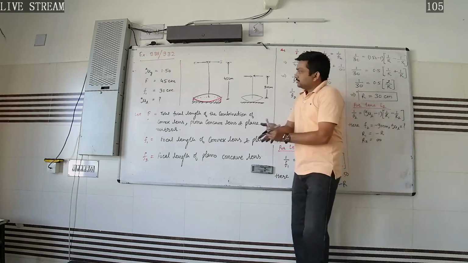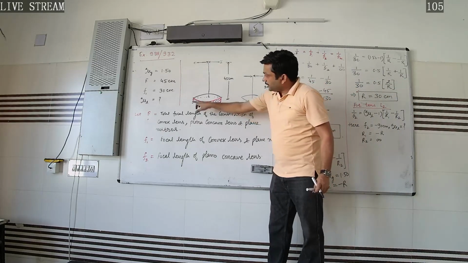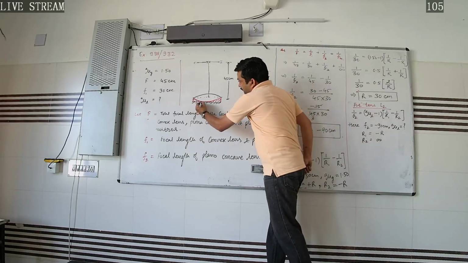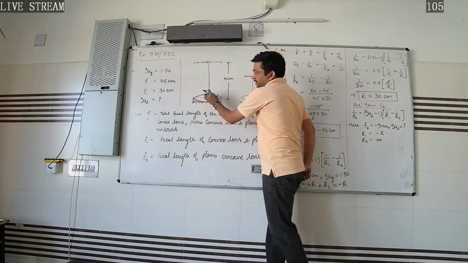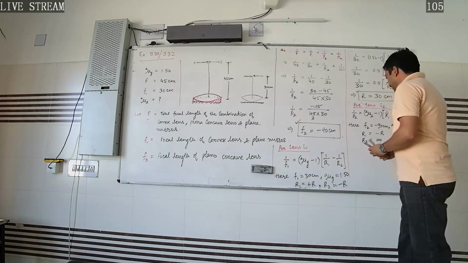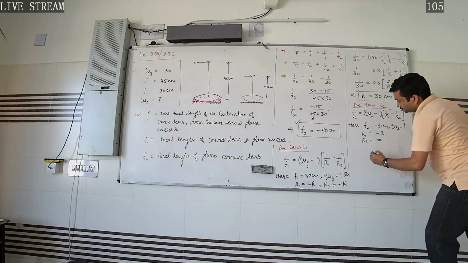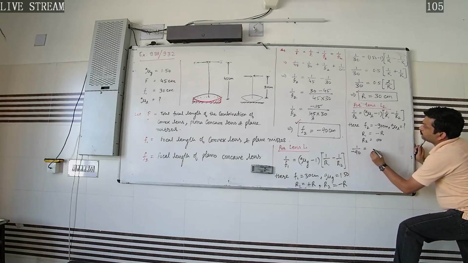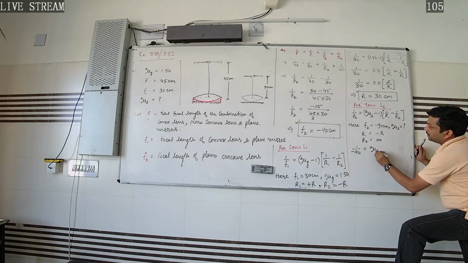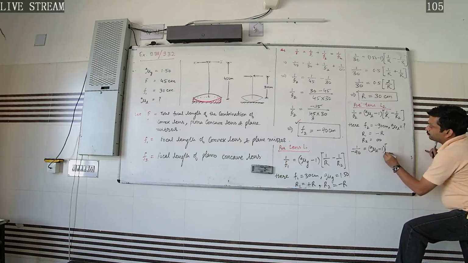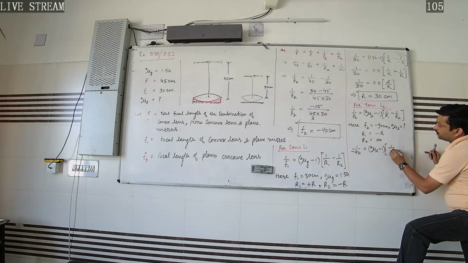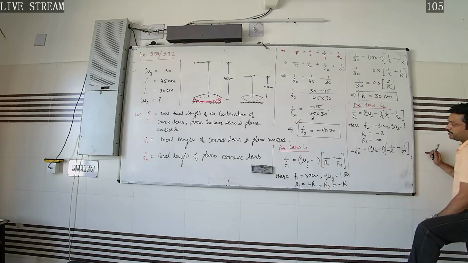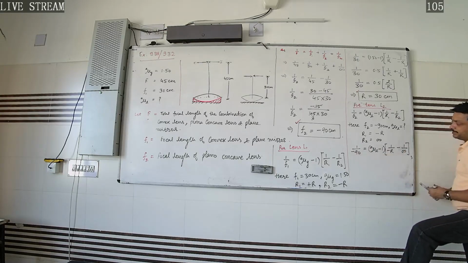Why? Because for this plano-concave lens, this surface is plane, so for the plane surface, R2 is infinity. So putting these values, we get 1 over minus 90 centimeter equals aμL minus 1 into 1 over R1, that is 1 over minus R, minus 1 over infinity, and 1 by infinity is 0, this negative sign and this negative sign.